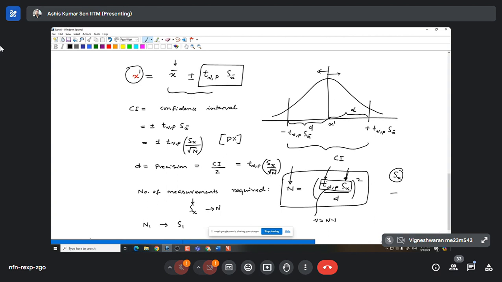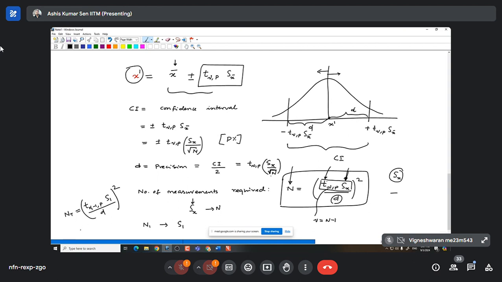From there, for a given d, you find the total number of measurements that is required: nt equals t at nu equals n1 minus 1 and some probability, times s1, divided by d, squared.